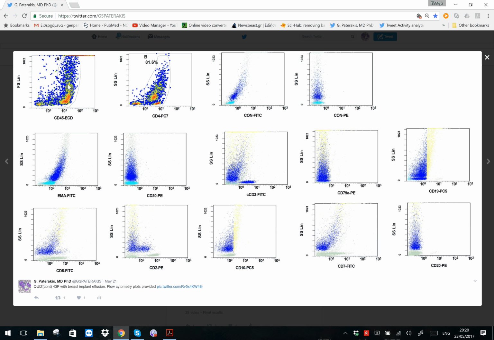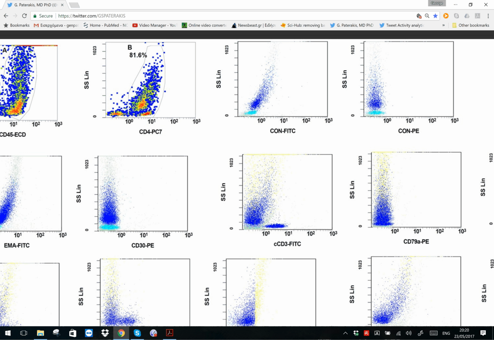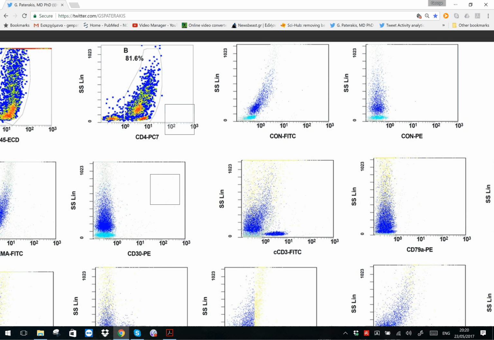We see here in the second plot that we have CD4 positive. And CD4 is positive in cells with low side scatter and high side scatter. We can see we have T4 lymphocytes and we have CD4 positive cells with high side scatter.